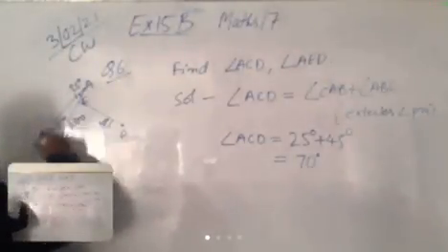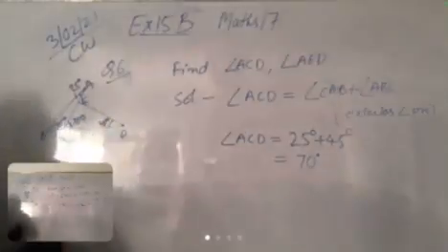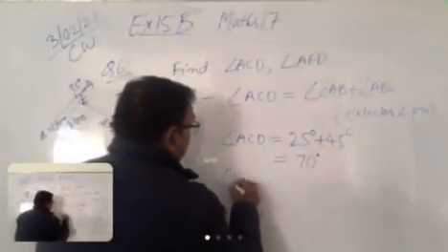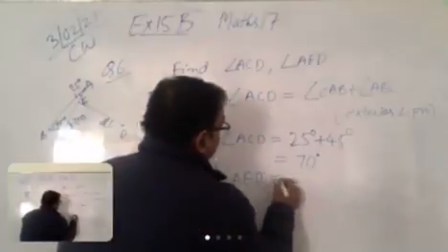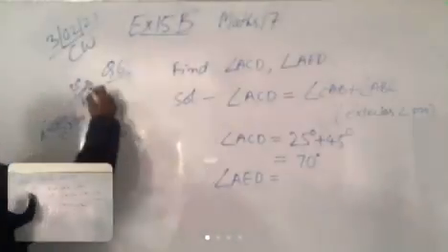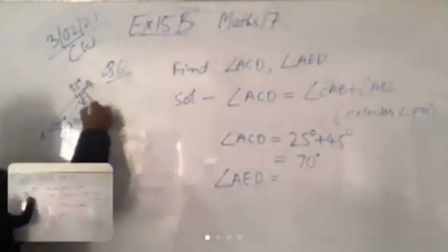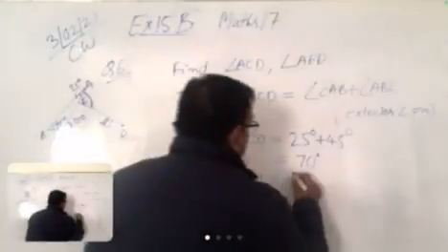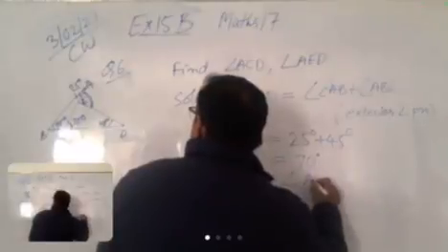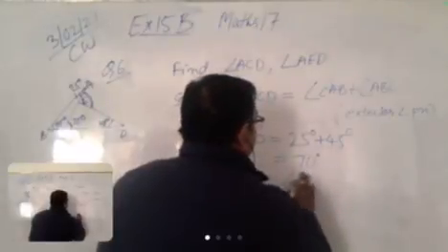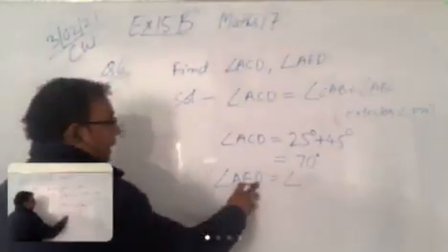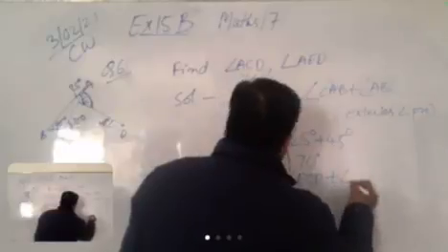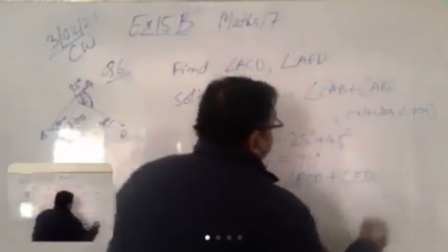Now this is 70 degree. Next we have to find AED. So angle AED. Everyone can see angle AED is the exterior angle or not. If it is exterior angle, so we can write angle AED is equal to angle ECD plus angle EDC.